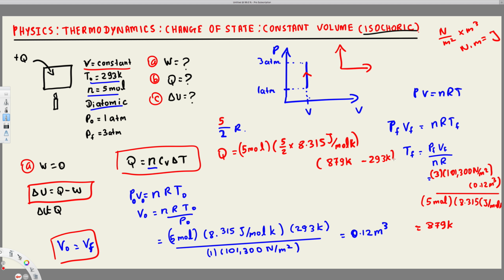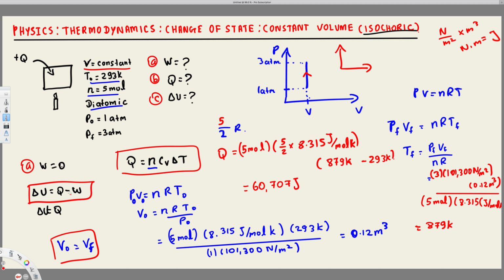And if you calculate this one, that's going to give you 60,707, right? So this will give you 60,707 joule, right?